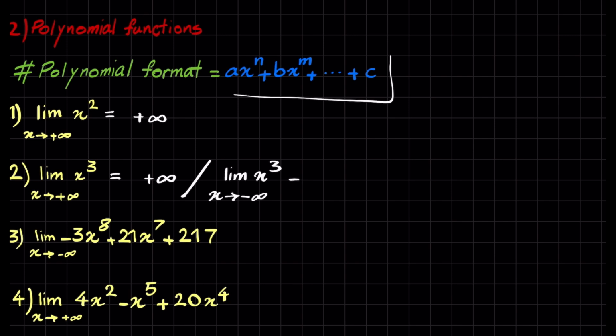For this one, it's still going to be a big number, infinity, but as we notice, it's going to be a negative number, because a specific number cubed, when it's negative, is multiplied three times, or multiplied an odd number of times, which makes the number negative.